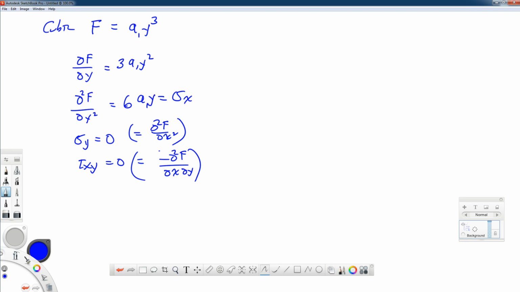What is this solution for sigma x? 6a1y. We do know that it is some sort of solution because if we do del fourth f, the biharmonic, that will equal 0. Okay?